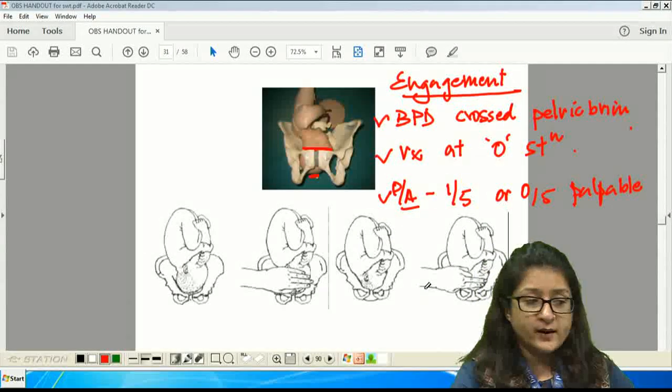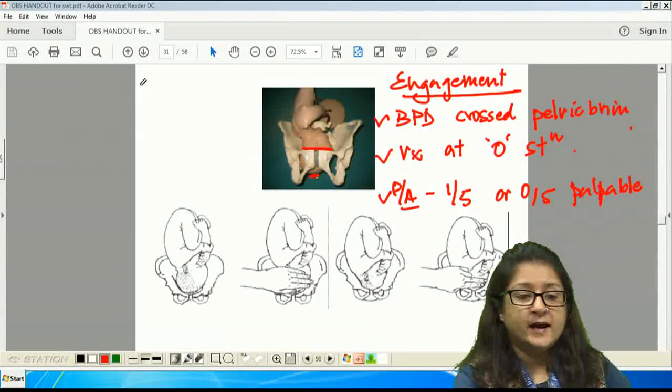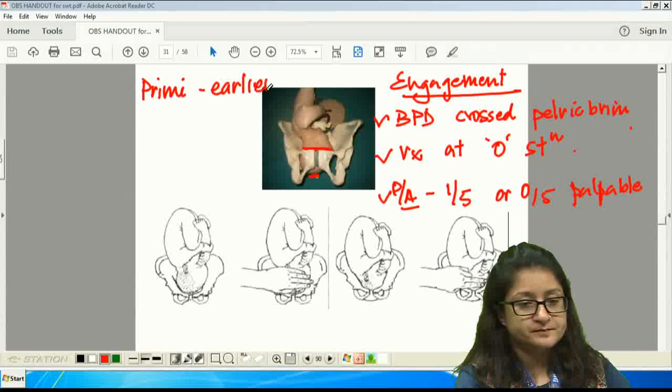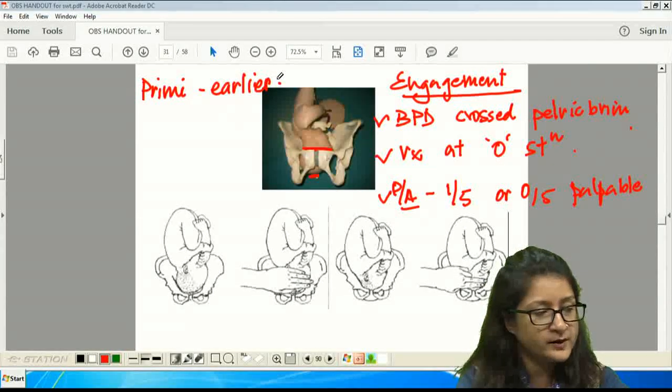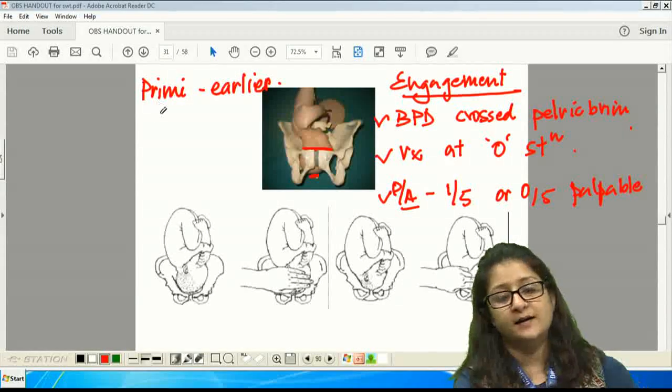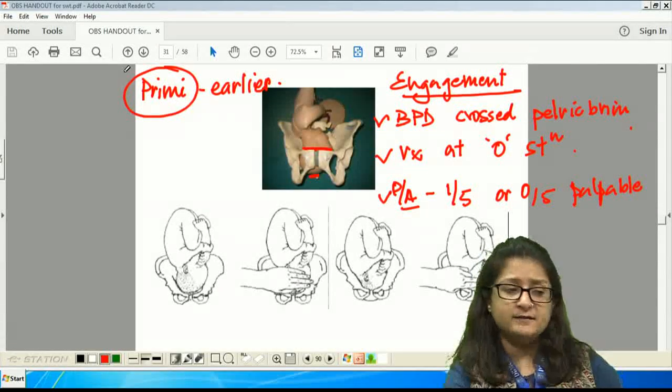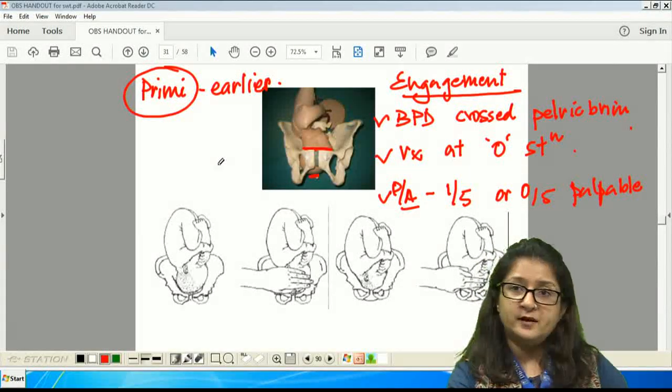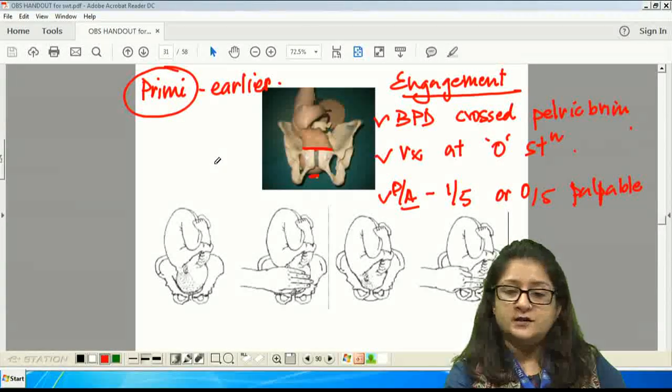Another important point to remember is that in primigravidas engagement happens earlier, and in multigravidas engagement may not happen even till the onset of labor.